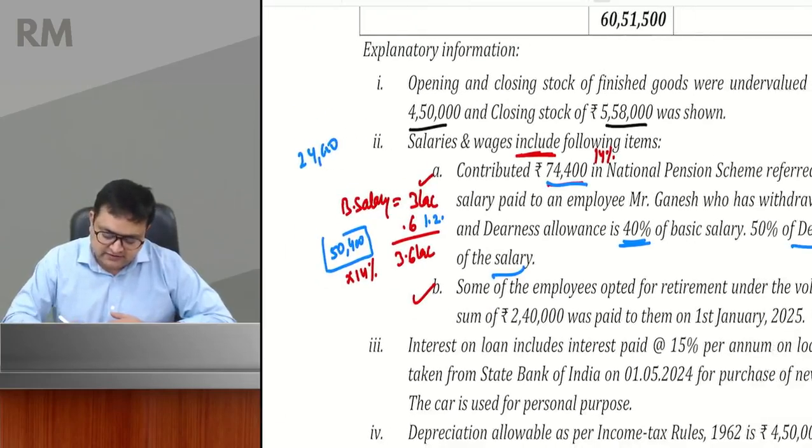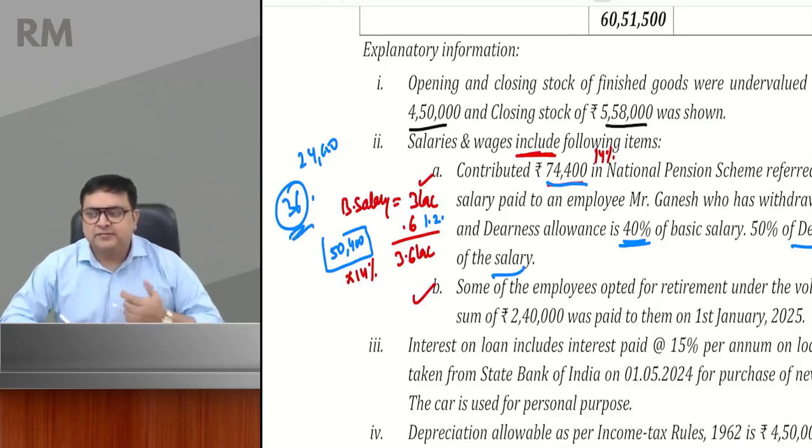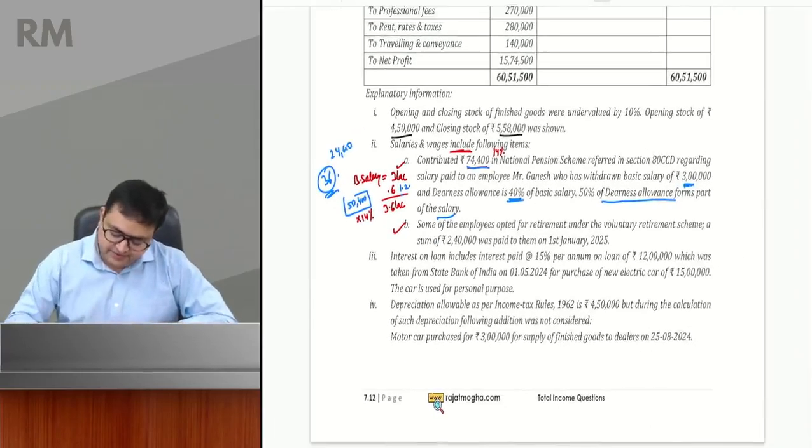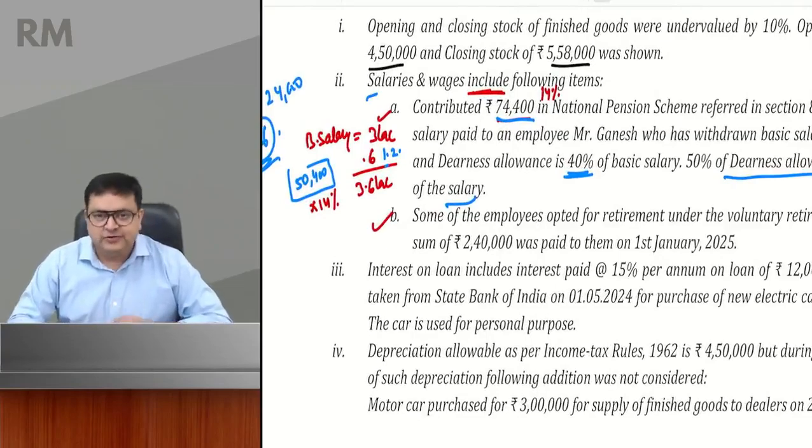Because in section 36 it is mentioned that DA only up to the retirement benefits. In section 36 it is mentioned that the salary for this purpose is basic salary plus DA forming part. So that is the reason I have taken only DA forming part. Okay. So out of this, 24,000 should be added back.